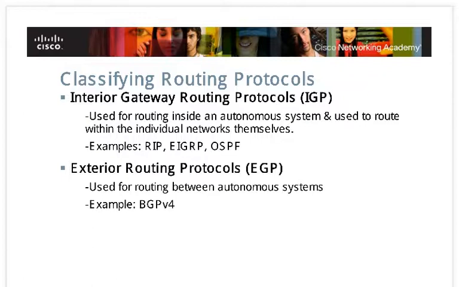So the interior gateway protocols are used for routing inside an autonomous system, to route between the individual remote networks that are connected to these routers. So within one autonomous system, each router will have one or more LANs, local area networks.